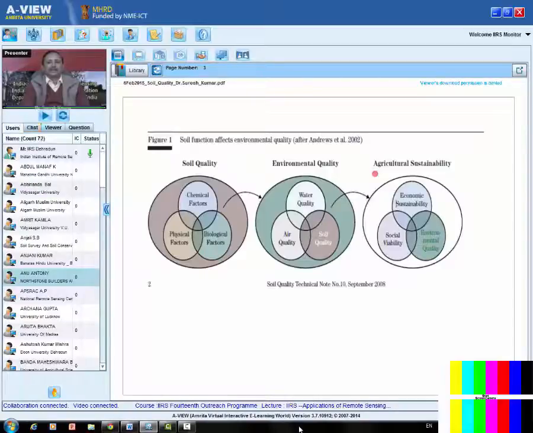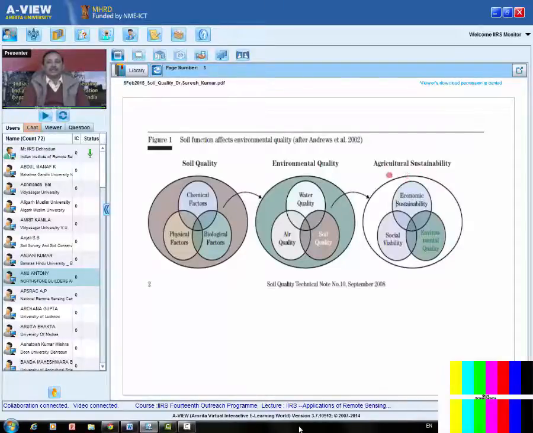If we want to assess whether a particular land use system is sustainable or not, we study the soil quality. If soil quality is getting deteriorated over a period of time while we are using the land under a particular land use, then we can say the land use or the practice is not sustainable.